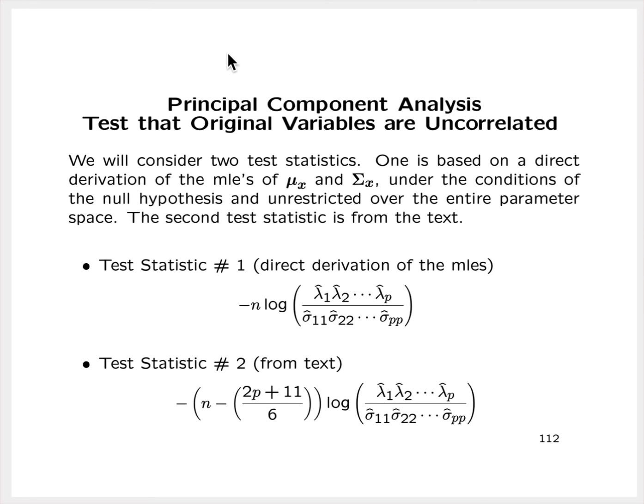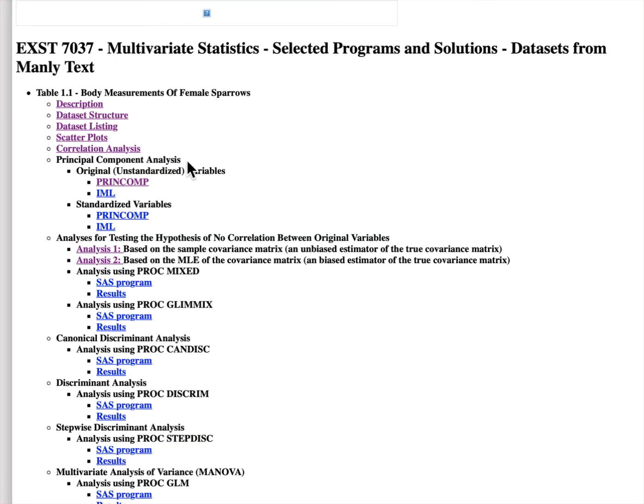And again, we need to determine these lambda hats as well as these sigma hats in order to calculate the test statistic. And those values, as I stated and as we looked at in the previous lecture video, are given as output from PROC PRINCOMP.